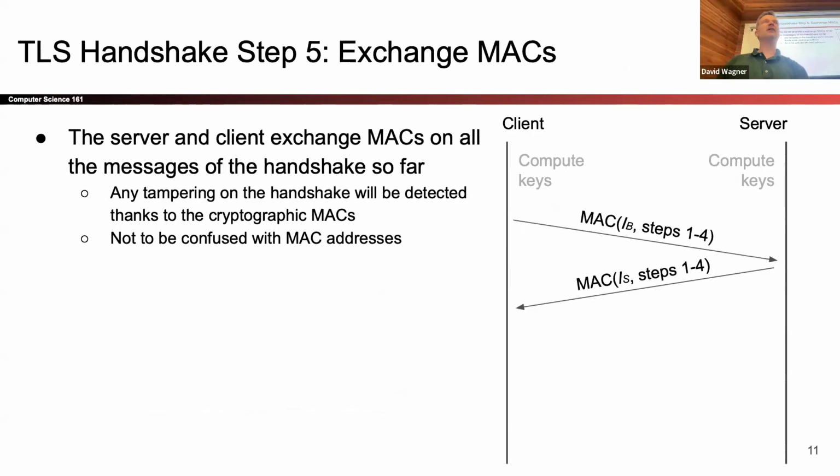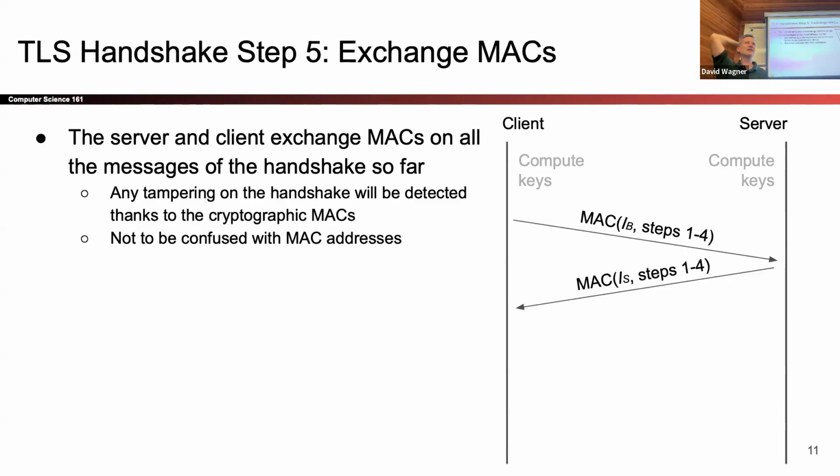Okay, then the next step is each side proves to the other its identity and that it was participating, by taking all the data that was sent so far and computing a message authentication code on that with the MAC keys that were just derived. So an eavesdropper will not be able to derive the pre-master secret, and so cannot derive the MAC keys, and therefore cannot compute a correct MAC.